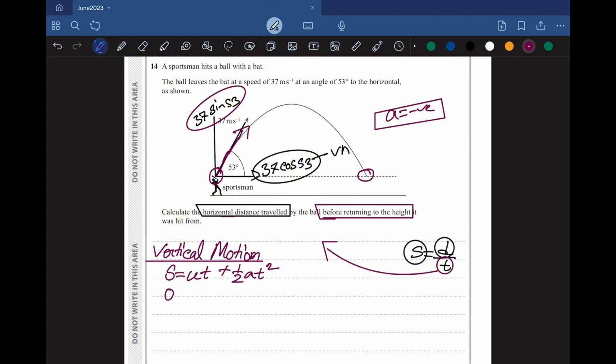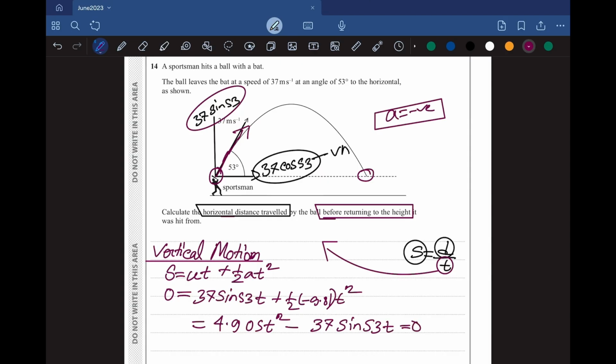So our vertical displacement is 0, and 0 is equal to ut, where our initial vertical velocity was 37 sin 53, so 37 sin 53 t plus half into minus 9.81 t squared, which can be written as 4.905 t squared minus 37 sin 53 t is equal to 0.